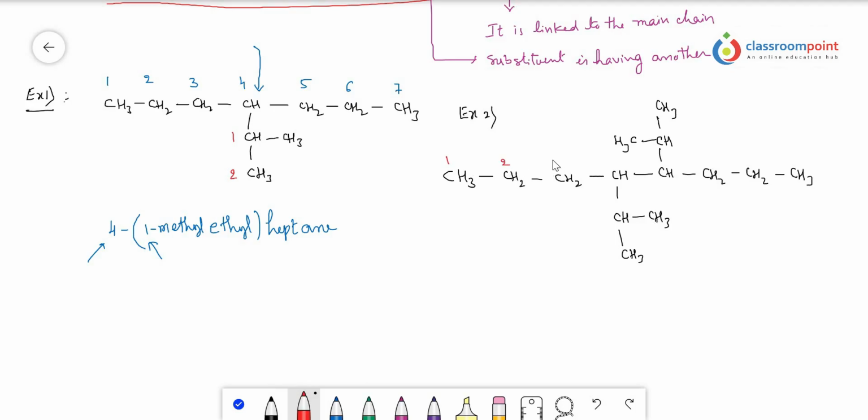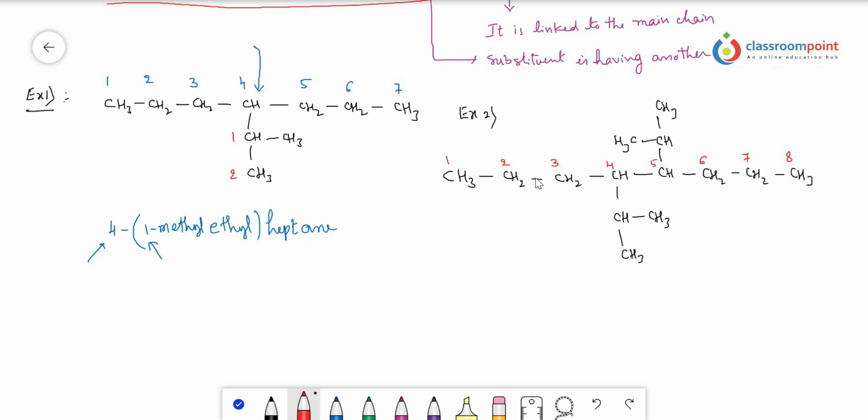1, 2, 3, 4, 5, 6, 7, 8. So if I select this one as the chain, here 8 carbon atoms are present. Now let's go this side. Up to here 4, 5 and 6. And if you are coming from this side, 1, 2, 3, 4, 5, 6, 7.